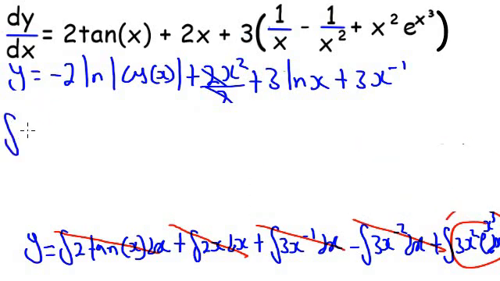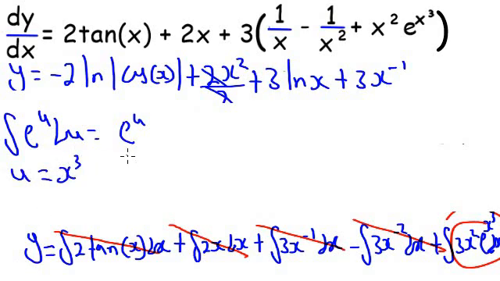So the integral of e to the u with respect to u is simply e to the u. But earlier we said u is equal to x cubed. Then definitely the integral will simply be equal to e to the power of x to the power of 3. Since it's going to be positive, we can attach it to the following ones, and that will be e to the x to the power of 3.